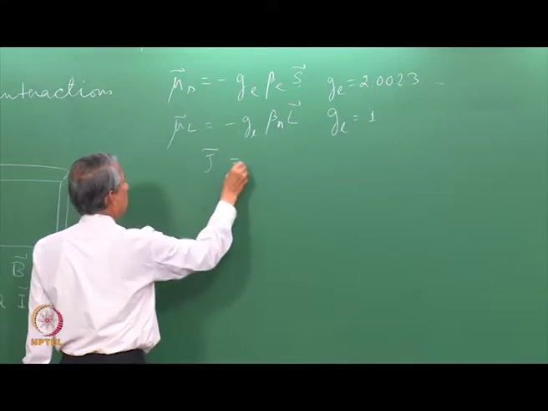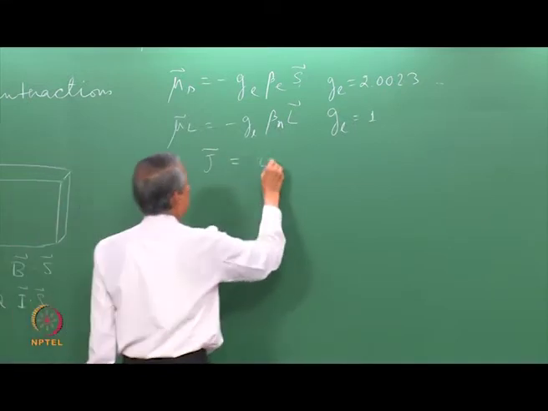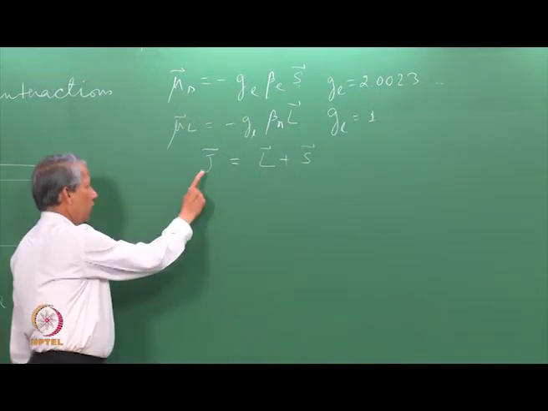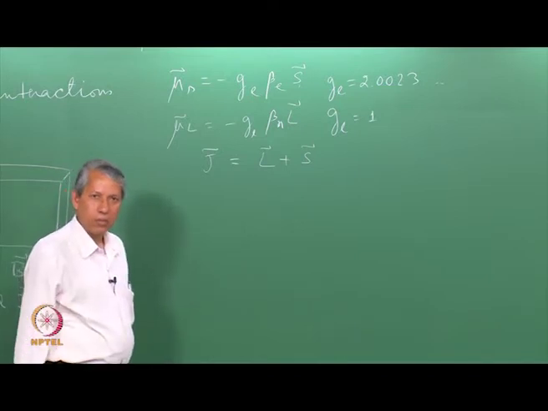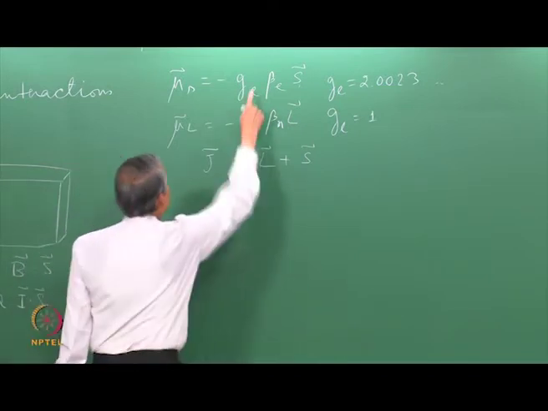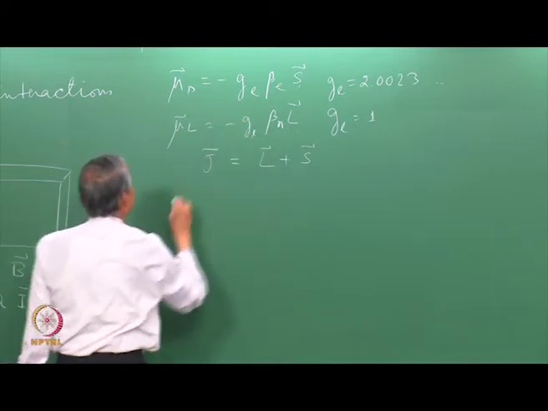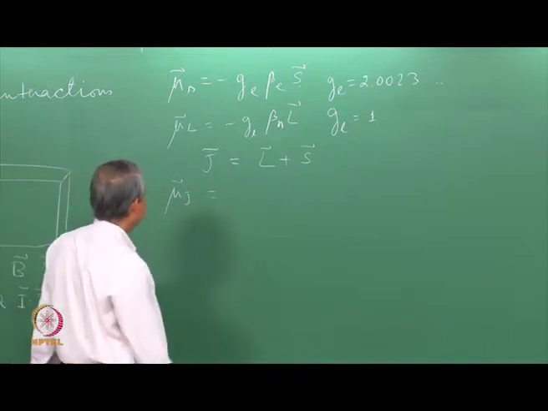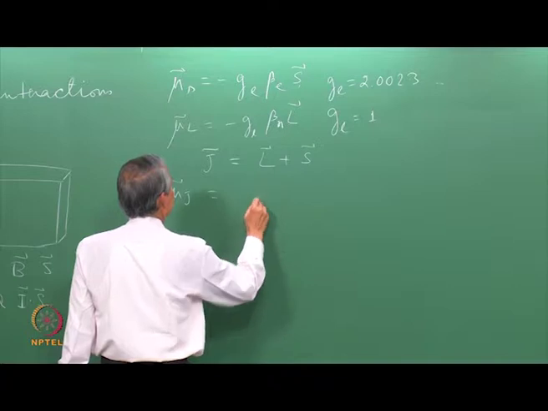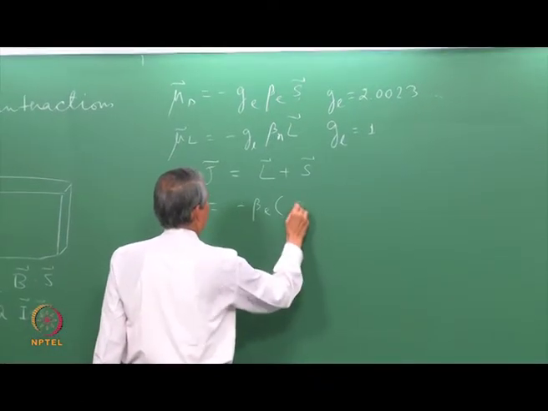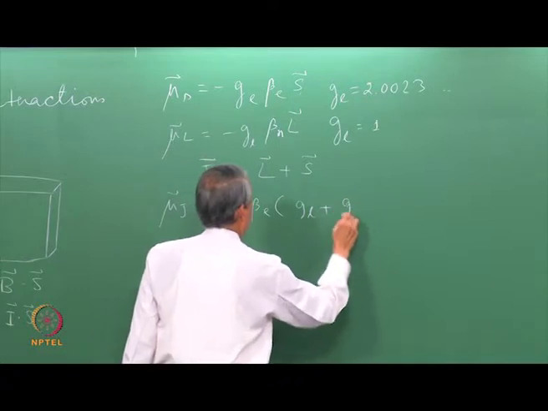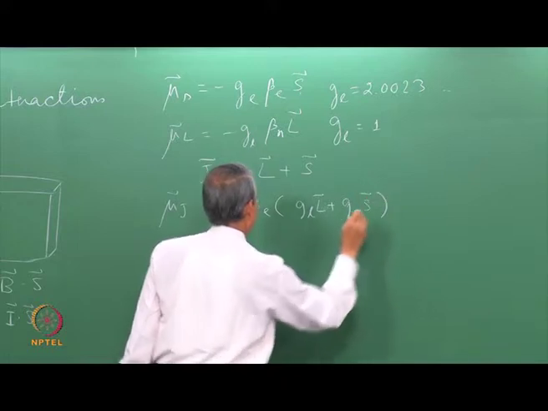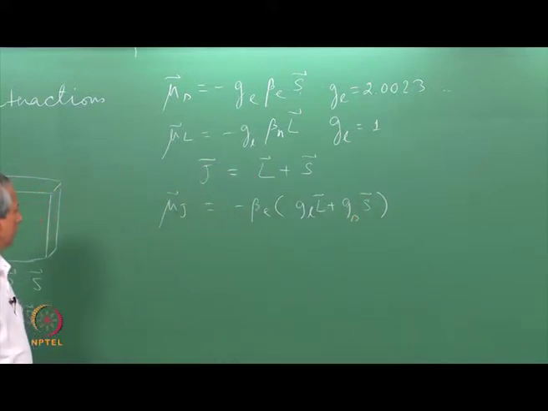Let us say J is the total angular momentum made up of L plus S. Then this will also produce a certain net magnetic moment, and I can write it by adding these two, something like mu_J could be written as follows.